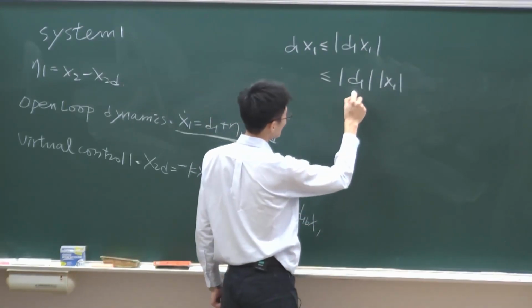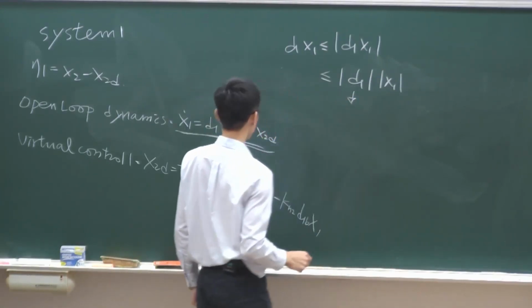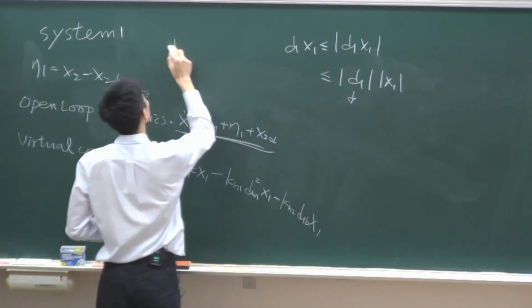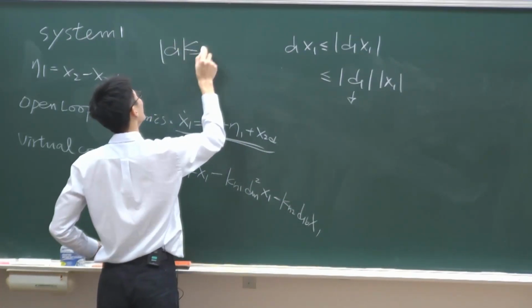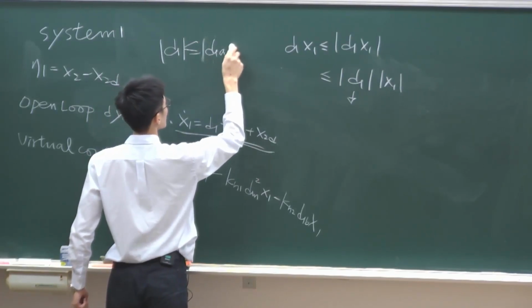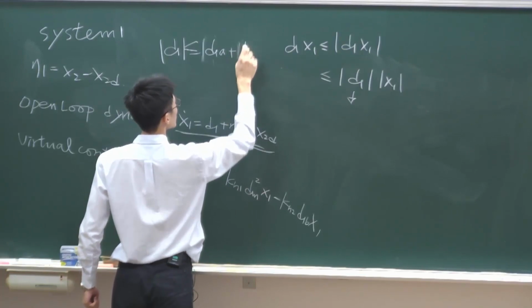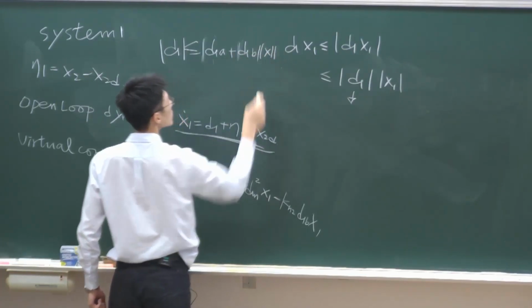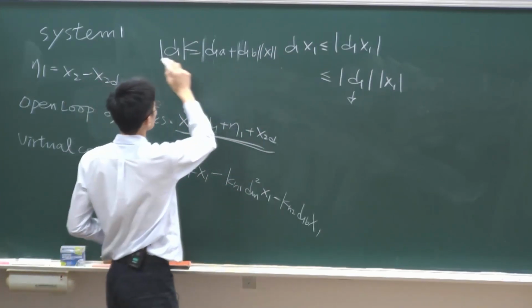Next, this guy can be upper bounded. Remember that we say D1 can be upper bounded by a constant plus D1b x1 norm, right? In the first page.